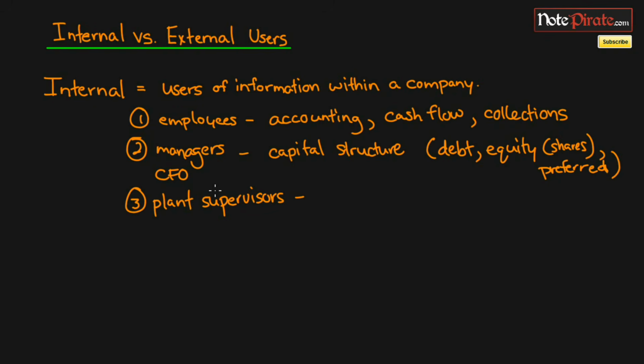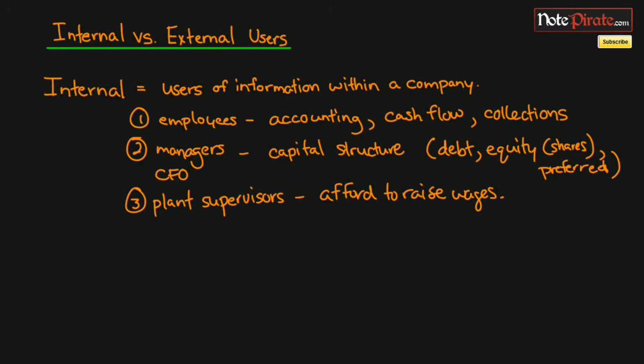But let's just say that they have a question about whether they can afford to raise wages, because maybe the union is striking and they need to decide whether they can raise wages without getting into trouble financially. So they'll bring it up, of course, to their managers and so on, but they might look at the information as to how much wages are breaking into the margins and so on. So those are three types of users that use financial information who are internal users.